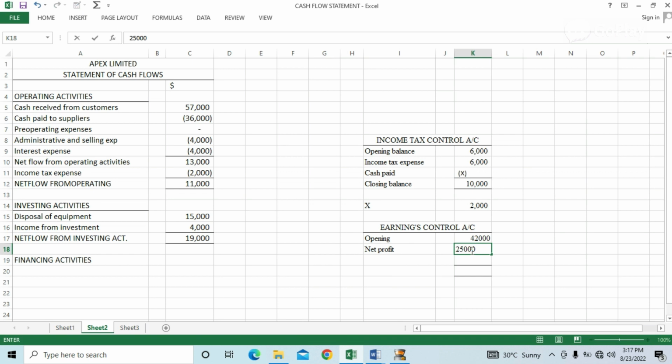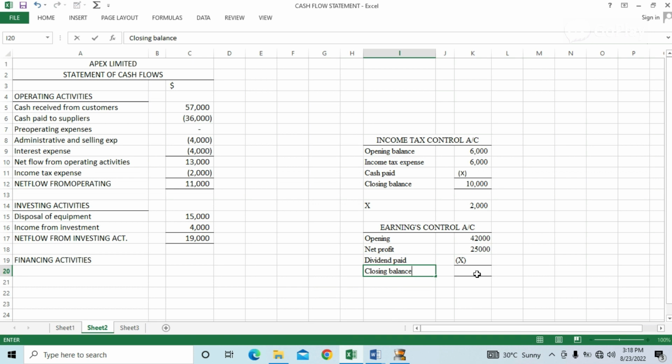So then we look at dividend. How much was paid as dividend? So dividend paid. We do not know how much dividend was paid, so we just indicate it as X. Then that will give us the closing balance for the retained earnings.